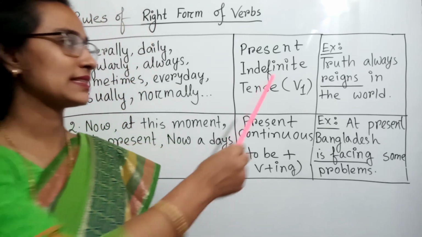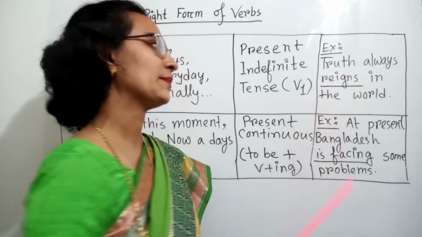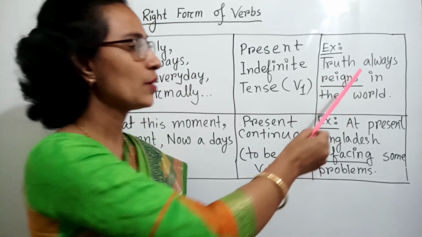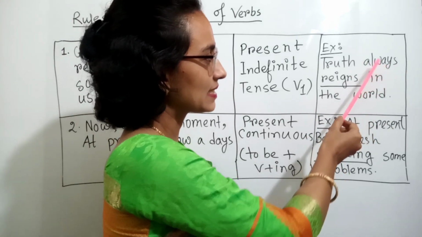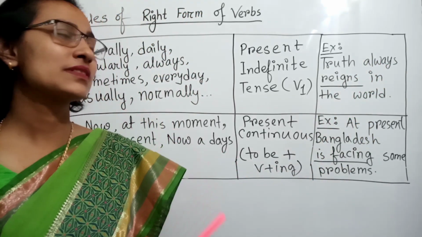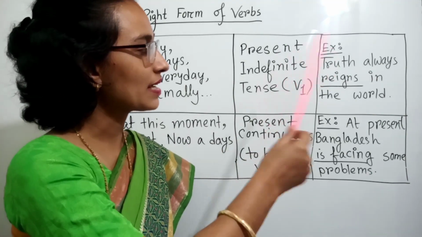Here I wrote an example, truth always reigns in the world. Here you see always in the sentence. This sentence indicates the universal truth or our habitual fact.